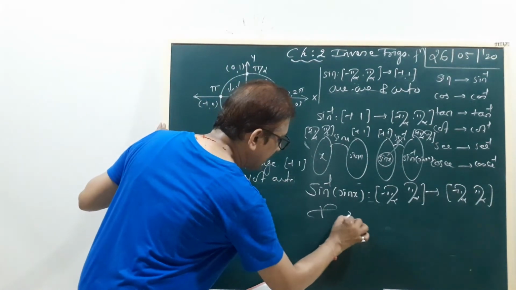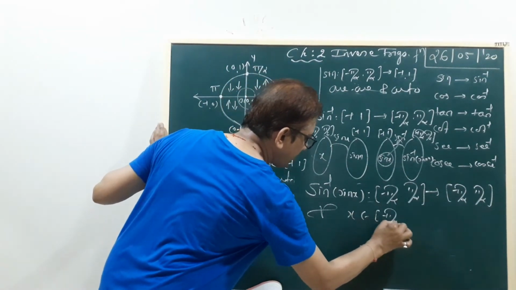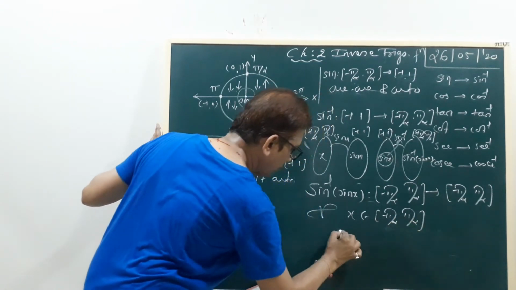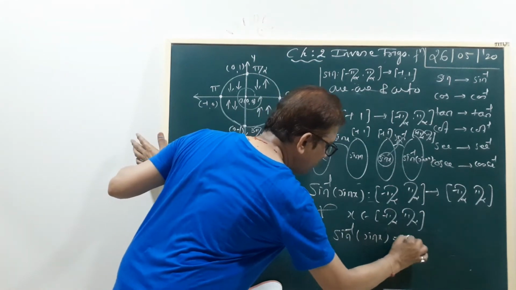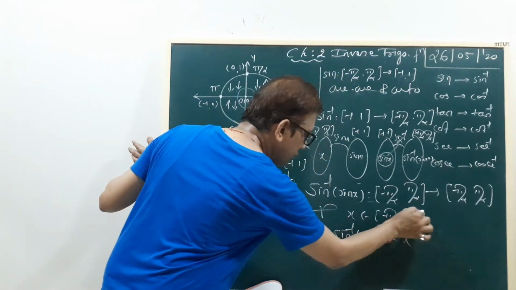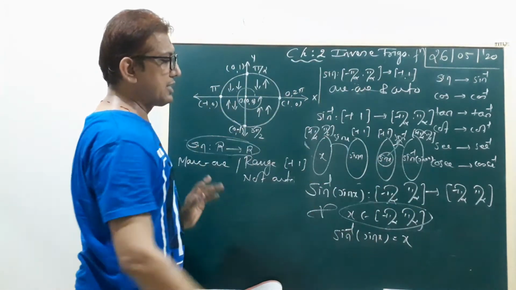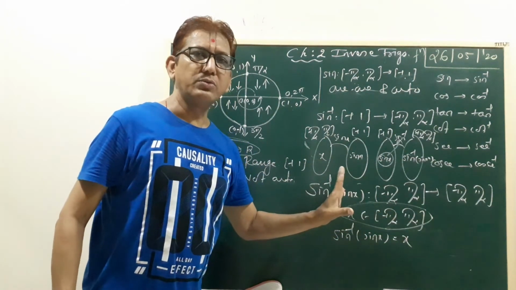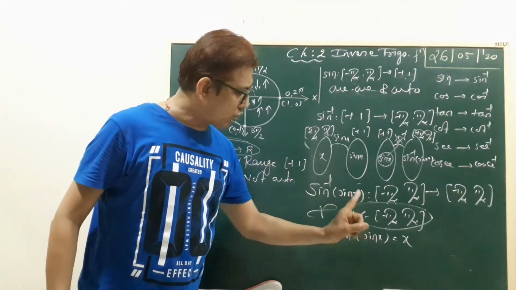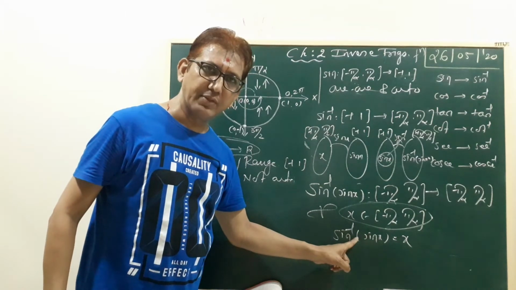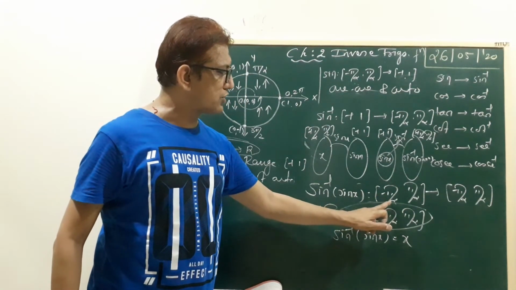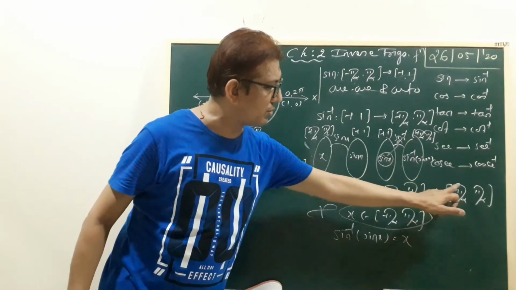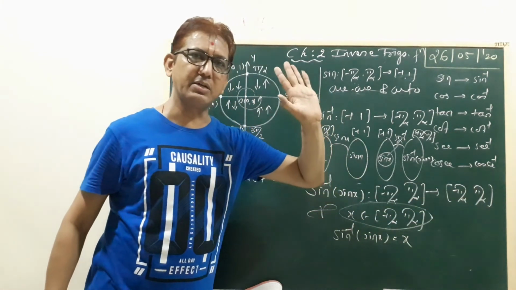So for every x belonging to minus pi by 2 to pi by 2, sine inverse of sine x equals x, where x belongs to the closed interval minus pi by 2 to pi by 2. Clear? Most important thing. Remember it. So sine inverse of sine x is a function from the closed interval minus pi by 2 to pi by 2 to minus pi by 2 to pi by 2.